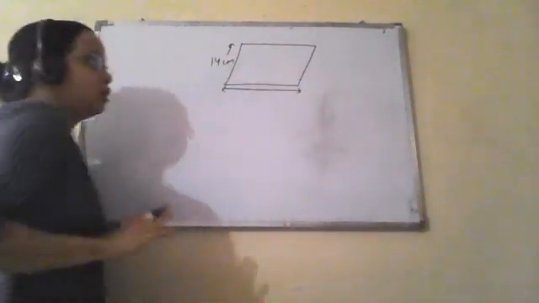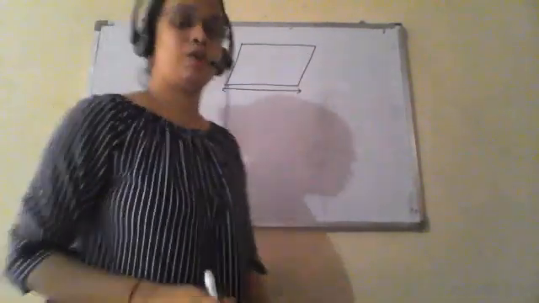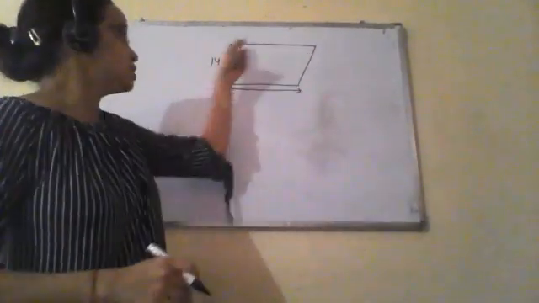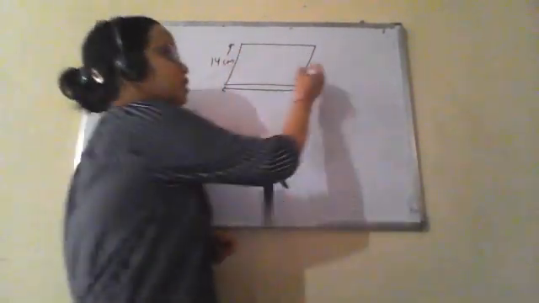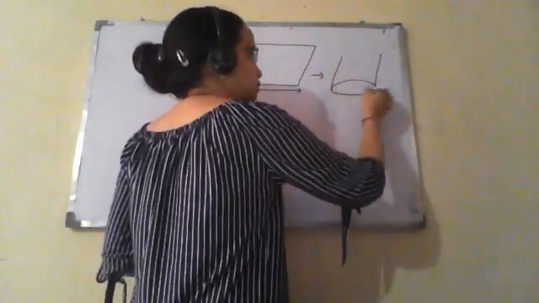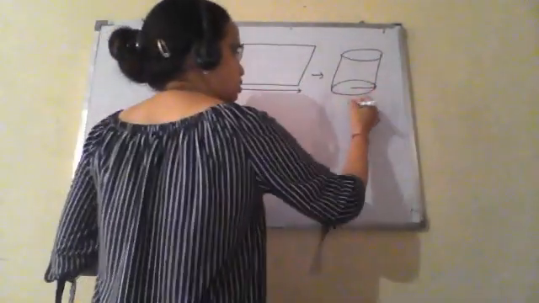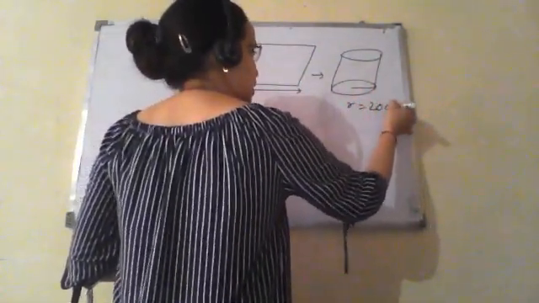Now it has been rolled along its width. If it is rolled along its width, then it is converted into a cylinder of radius 20 centimeter.